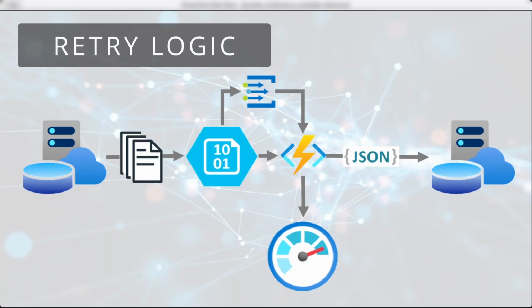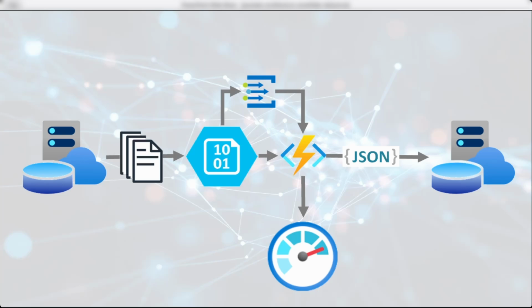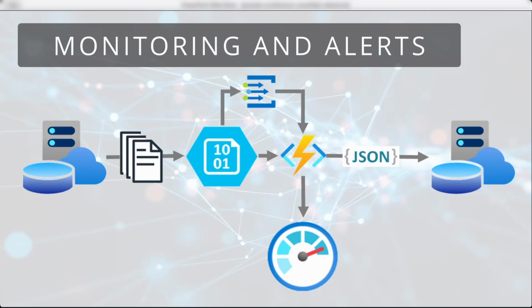For transient errors, like network timeouts, the pipeline can automatically retry the operation with exponential backoff. This means waiting a little longer between each retry to avoid overwhelming the system. To keep track of the pipeline's health, we use monitoring tools like Azure Monitor or Application Insights in Azure.